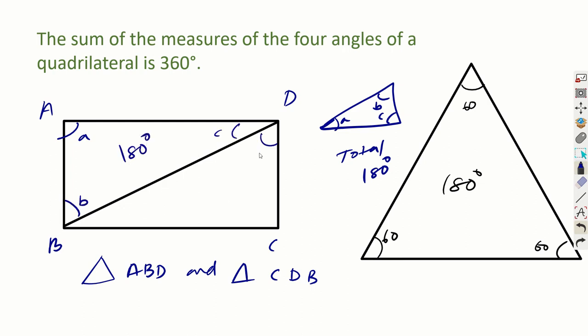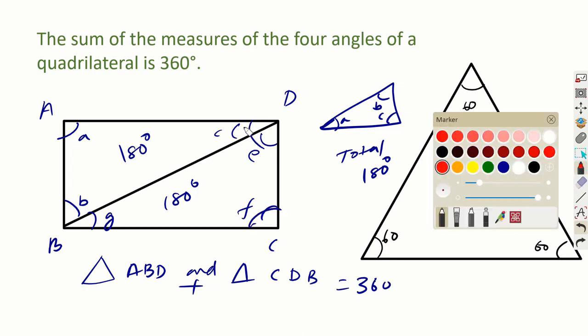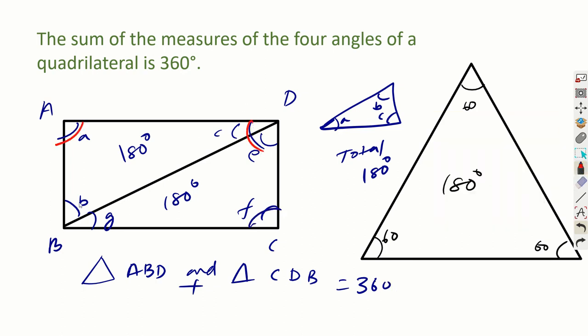And if you sum up this E angle, F angle and G angle, that also will be 180 degrees. That means this plus this will be 360 degrees. That means the total of the four angles of any quadrilateral will be 360 degrees.